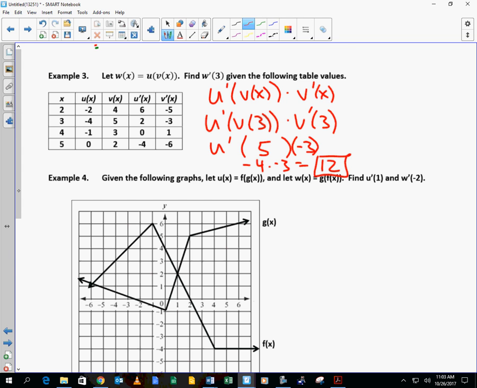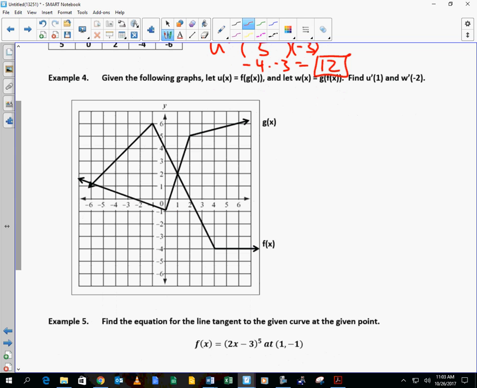Let's do the same thing, but let's look at it from a graphical perspective. Okay, I'm going to draw this g function in green so that we can get a really good view of it. Okay, it says let u of x be f of g of x, and let w of x be g of f of x. Find u prime of 1. I'm going to do u prime of 1 with you. You guys are going to do w prime.